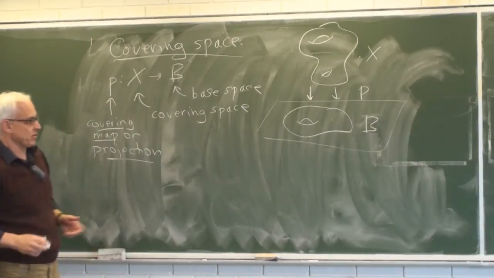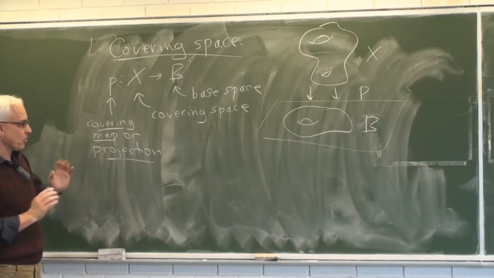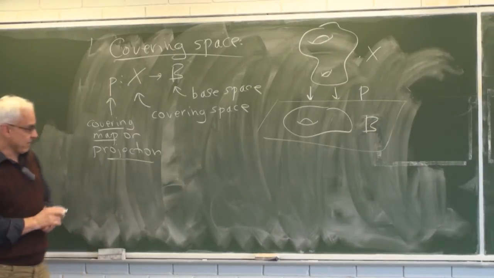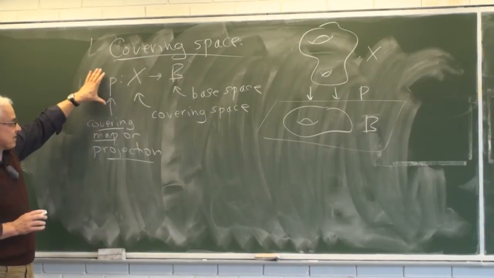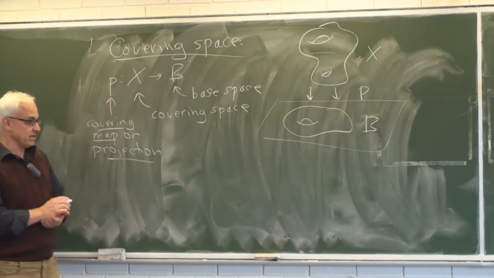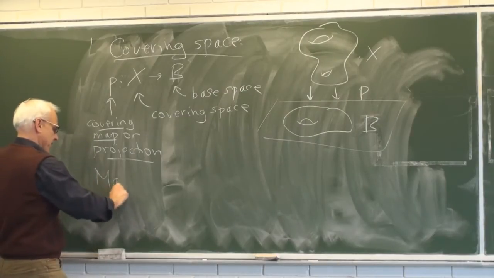So we have a rough picture like this for a covering space. Now, I haven't told you what a covering space is yet. Let me give a concrete example, and then we'll say what exactly makes a situation like this a covering space situation.